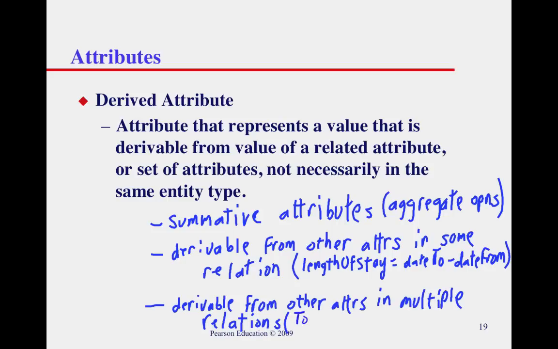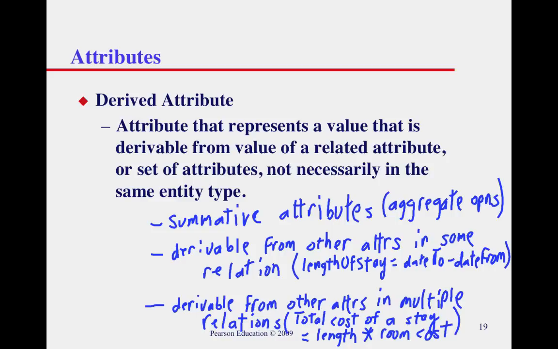Let's say total cost of a stay equals length times room cost. The room cost comes from the room relation, and the length of stay comes from the booking relation. So that's an example of an attribute derivable from attributes in multiple relations.